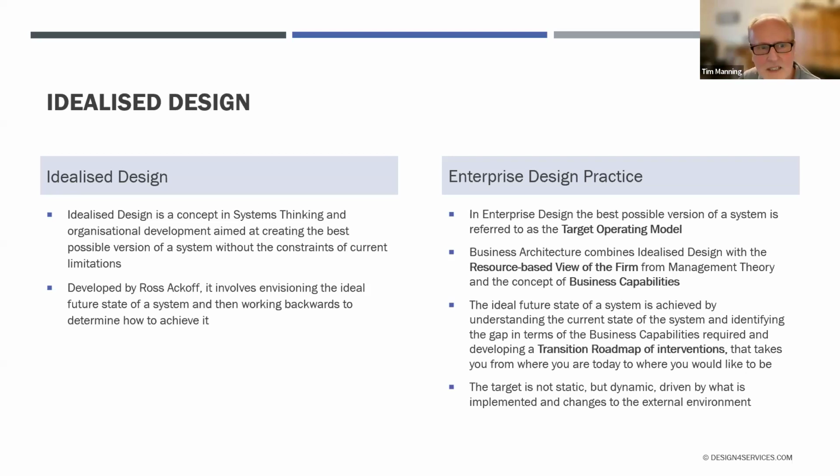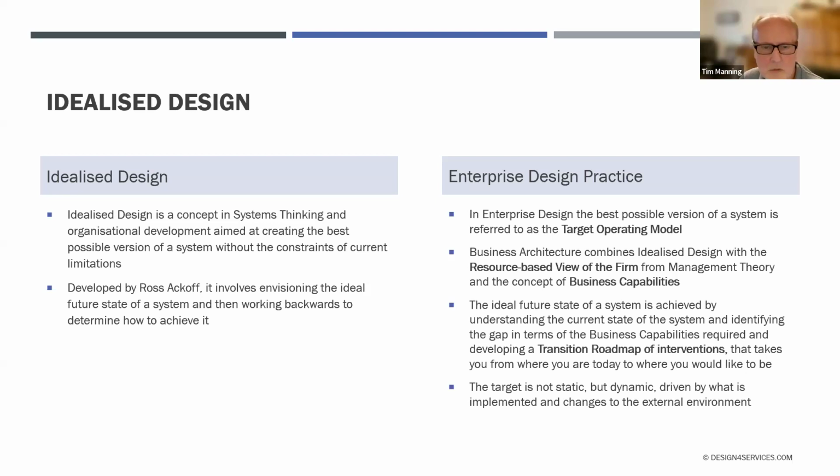And you can see that when we talk about target operating models, all that's idealized design, and indeed it is, certainly in my world. I've never quite seen that link written down in documentation around target operating models, but it is idealized design from Ackoff, without doubt, because basically you're creating this target and you're ignoring constraints, and you're then working out how you're going to achieve that target.